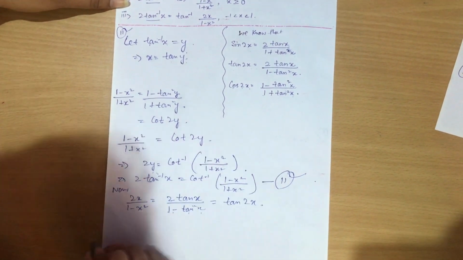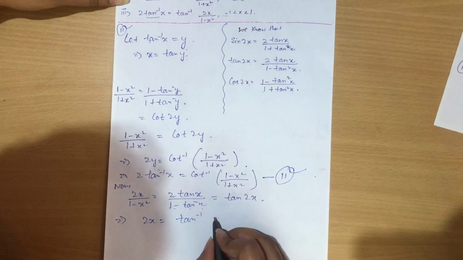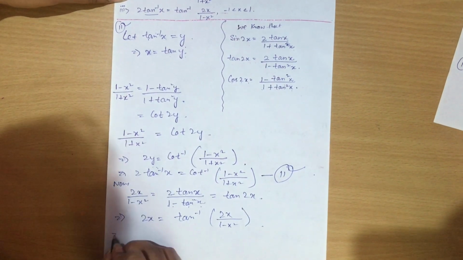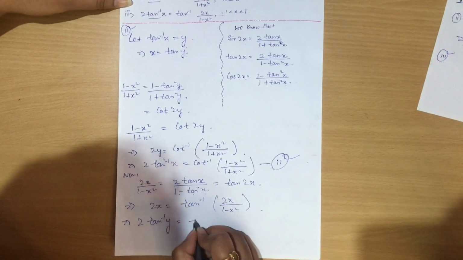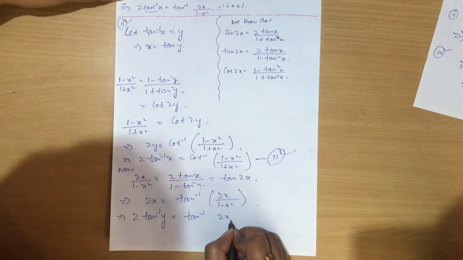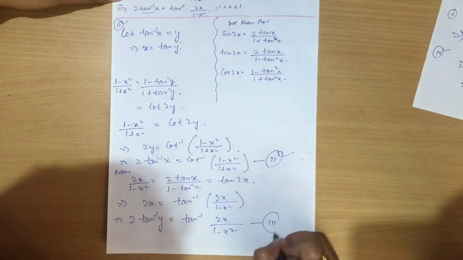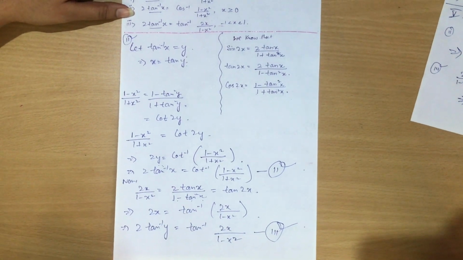Tan of 2y. And you can also write your 2y is equal to tan inverse of 2x upon 1 minus x square, right? And what is your y? Y is tan inverse of x, so 2 tan inverse of x is equal to tan inverse of 2x upon 1 minus x square. This is a proof of your property number third. Okay students, thank you.